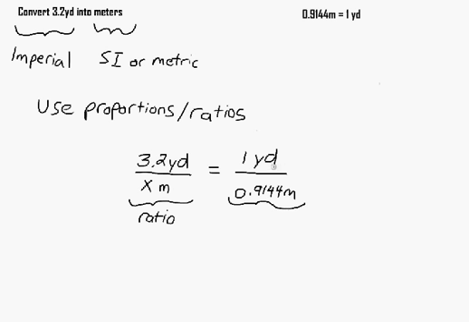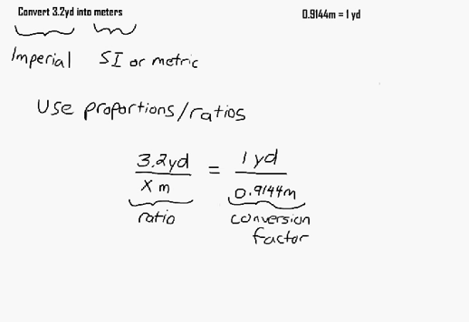On the right hand side I wrote down the conversion factor, and we know that the ratio is always going to be the exact same. The easiest way to solve a simple proportion like this is to cross multiply.